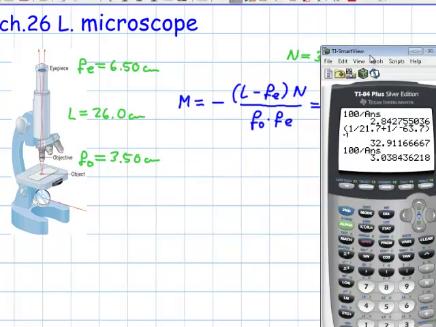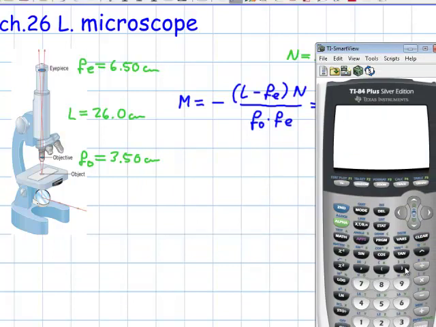All right, so it's going to be a negative parentheses, 26 minus 6.5, parentheses, times 35 divided by 3.5 times 6.5. Enter, and I come up with an angle of magnification of negative 30. Again, a negative meaning that it's turned around.